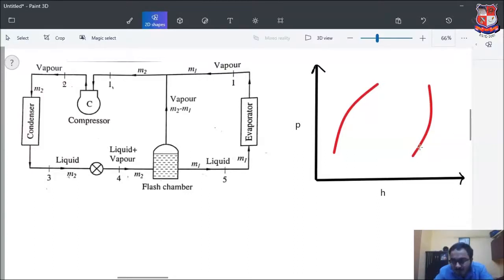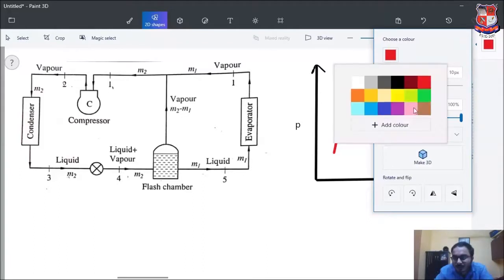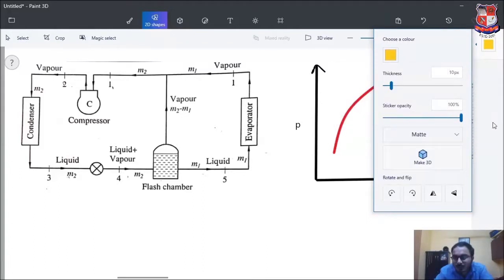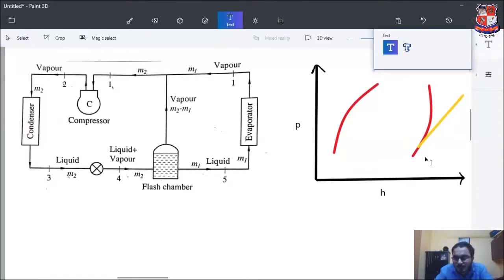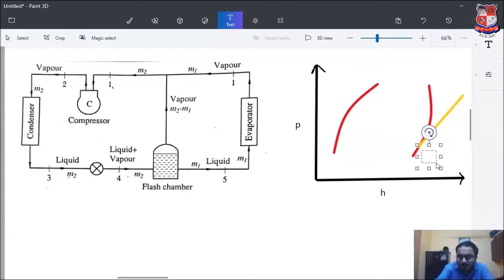So let's begin from here. This will be the compression part, this will be our point number 1, and this end will be point number 2.